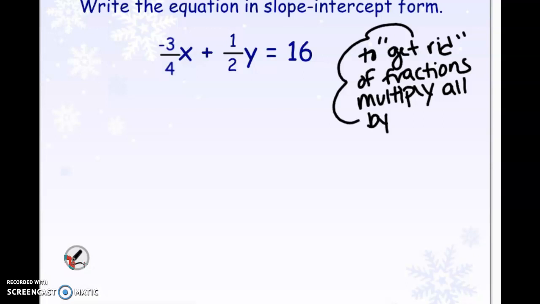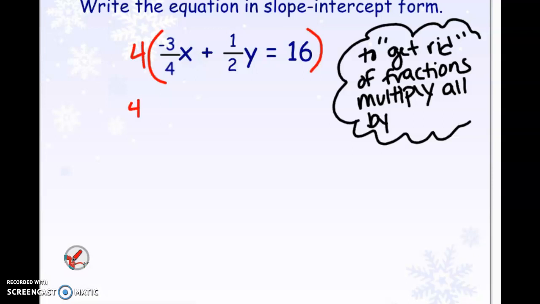Multiply all by a number. In this case, I'm going to take all 3 things and multiply everything by 4. Watch what happens when I do that.